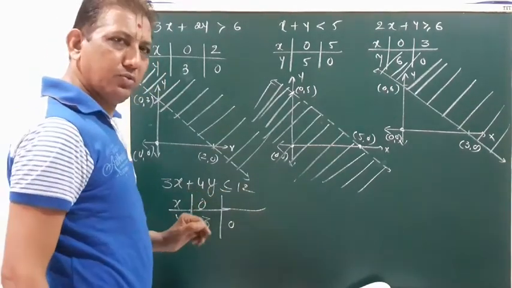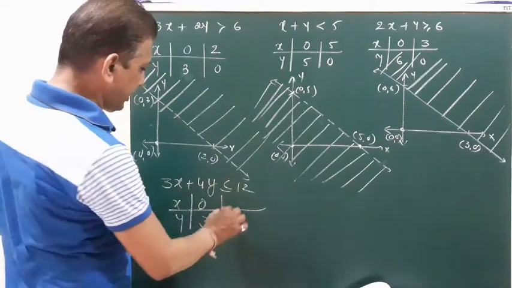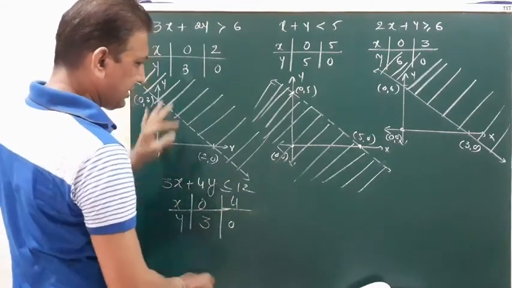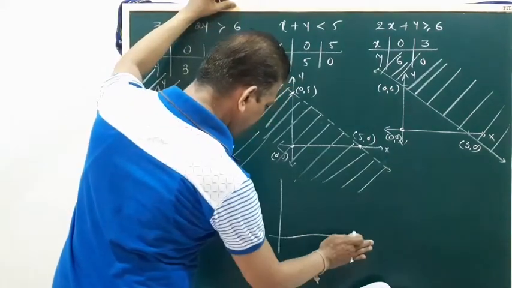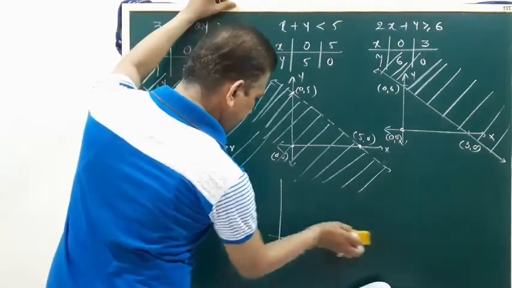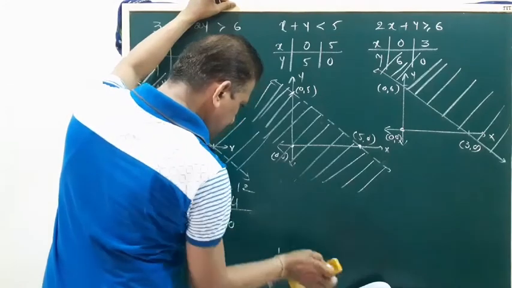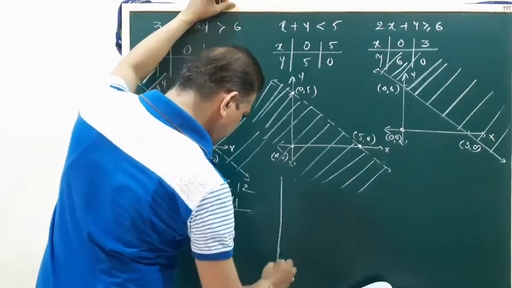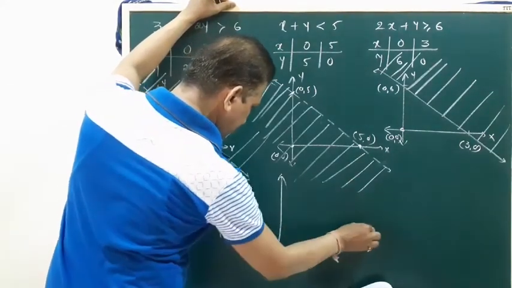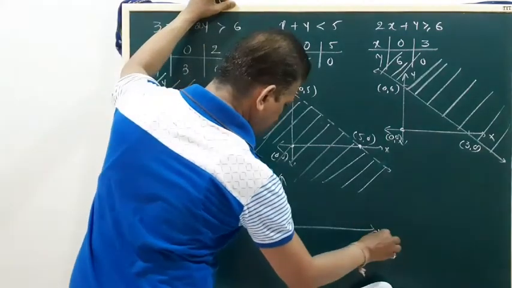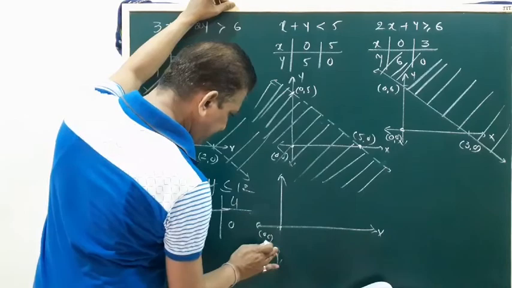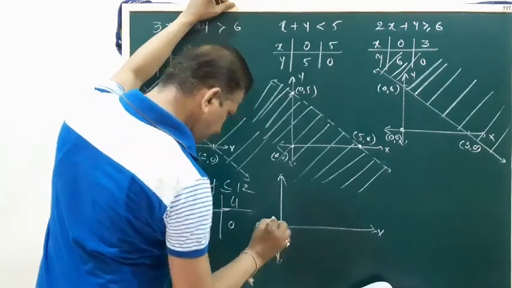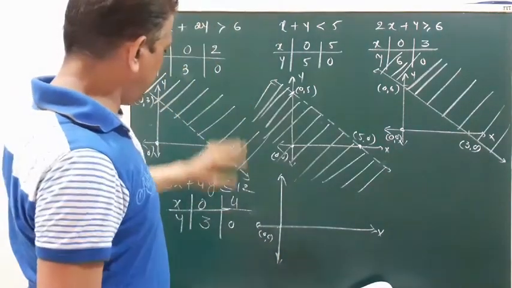The next value, y equal to 0: 3x equal to 12, x equal to 4. Now draw the graph. Again both are positive. Here is the origin.